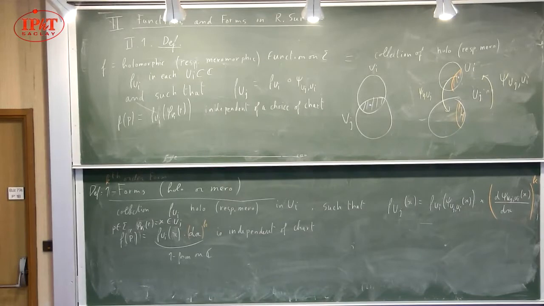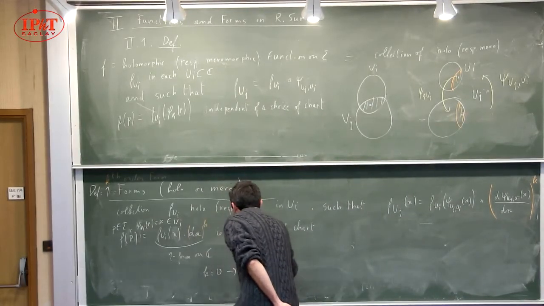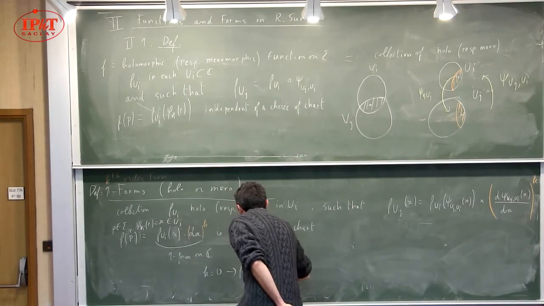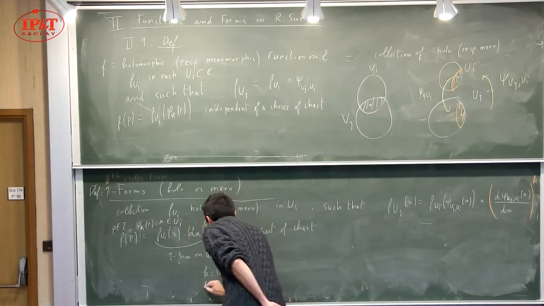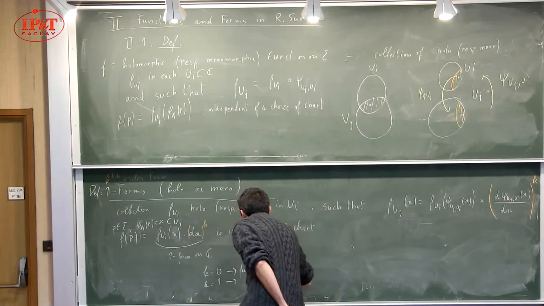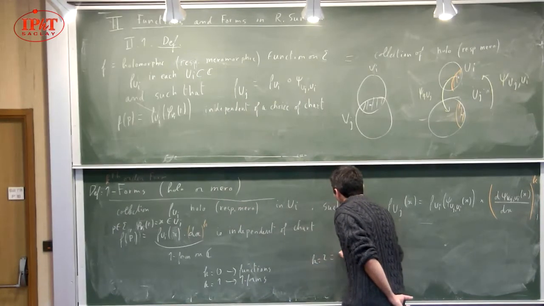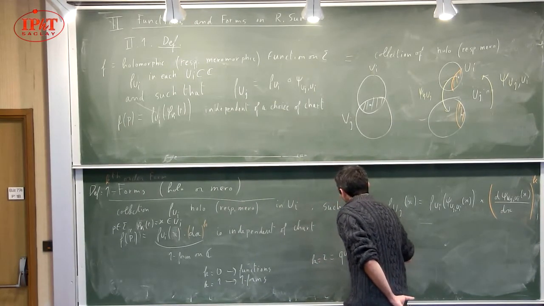So in particular, k equals 0 are functions, k equals 1 are one forms, and k equals 2 are quadratic forms, quadratic differentials.